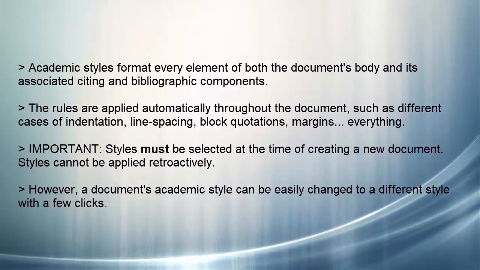Academic styles must be selected in the process of creating a new document. No style can be applied retroactively. However, an academic style already in use in a given document can be easily changed to a different style with just a few clicks.